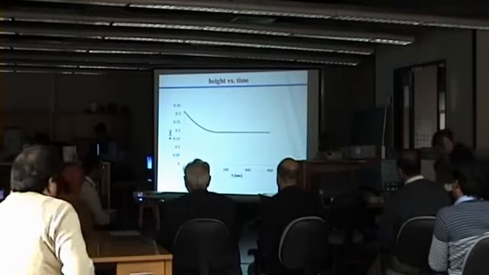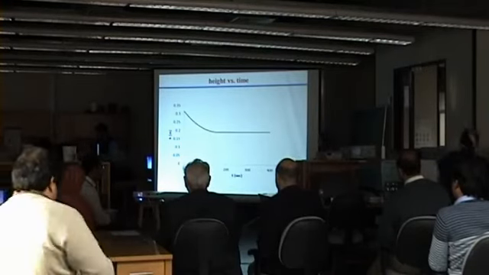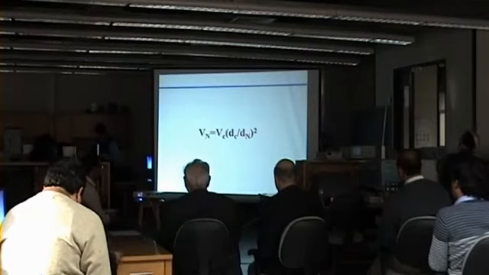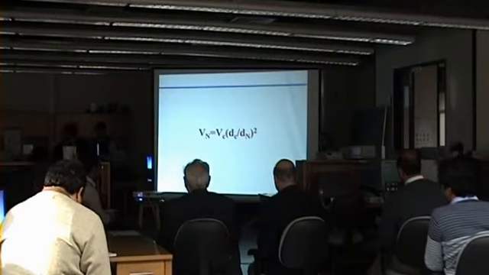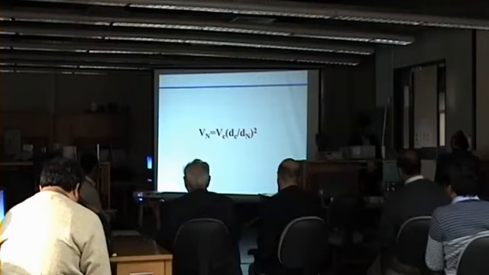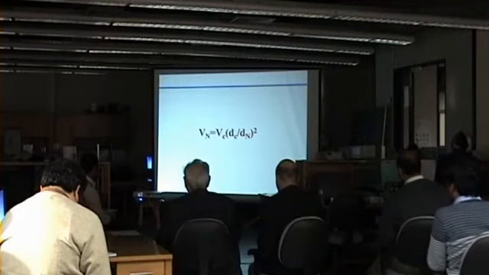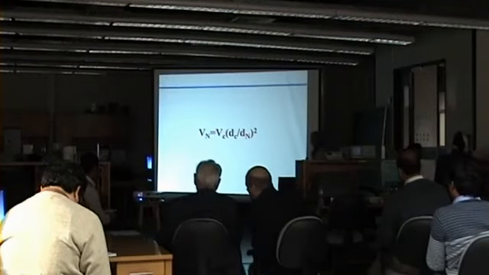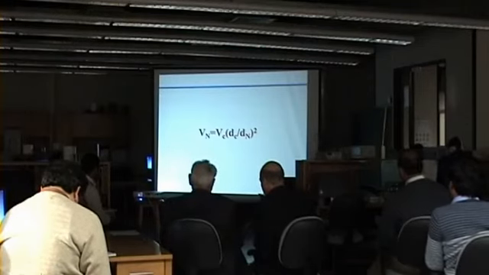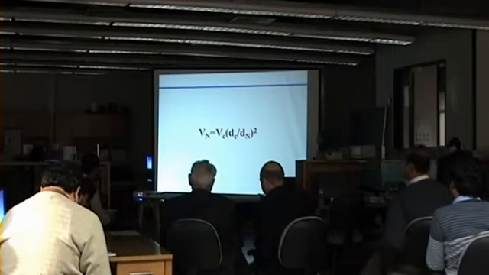Actually, we don't want this graph just to figure out what's going on. We want to calculate G by having V, the velocity of the water jet. To calculate the velocity of the water jet, we have to know the velocity of the water that goes down, and the diameter of the column and the hole.